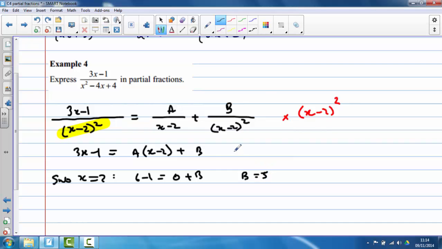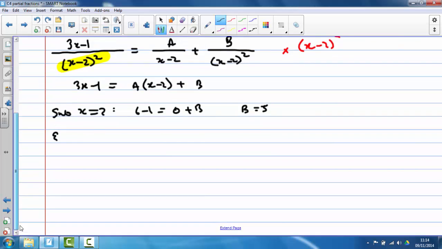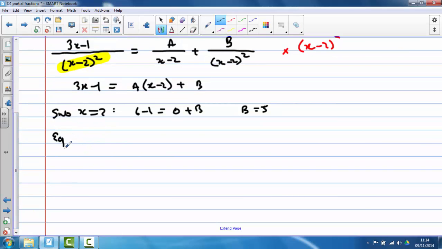And then if we were to equate the coefficients of x, we get 3x equals a, because that's the only x part that we have.